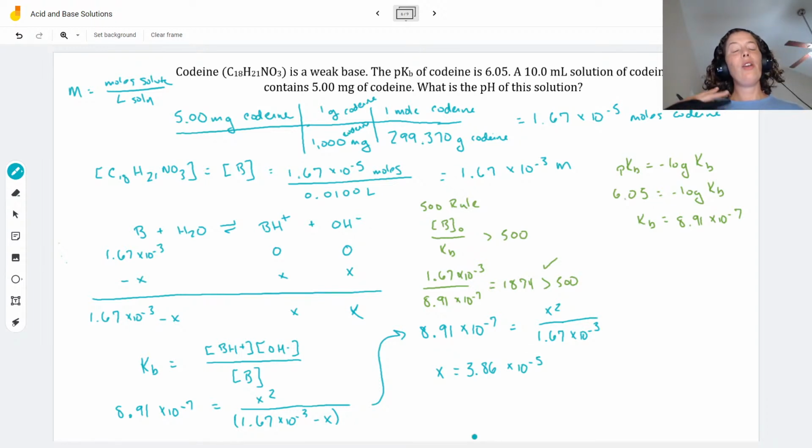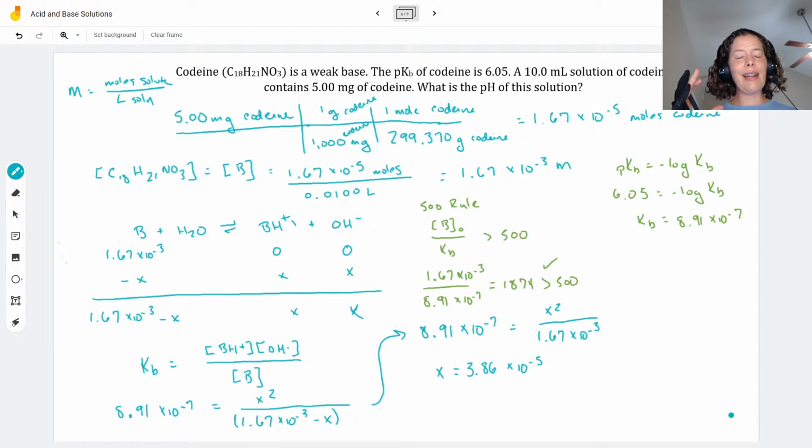Now again, you've solved for x, and that always feels like, okay, I've solved for x, and that should be the end of the problem, because that's what we do in all of our math classes, right? But remember what x is in the context of your chemistry problem. So x is our concentration of our protonated base and our hydroxide, and we can also calculate our concentration of codeine. The problem has asked us for pH.